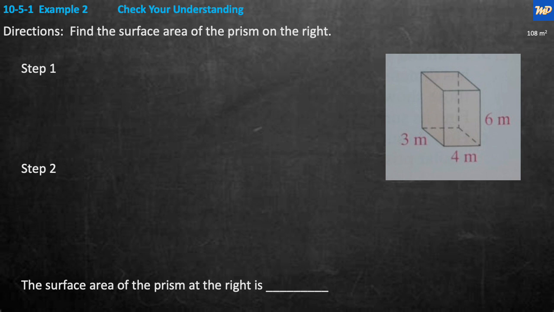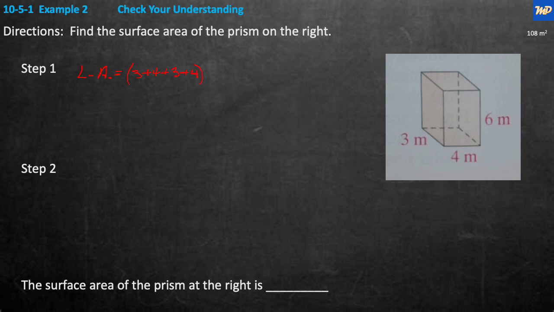Okay, now that you're back, step 1, the lateral area, LA, is what? Lateral area is the perimeter times the height. And the perimeter is the length of the segments that make up the base. Those are 3 plus 4 plus 3 plus 4.